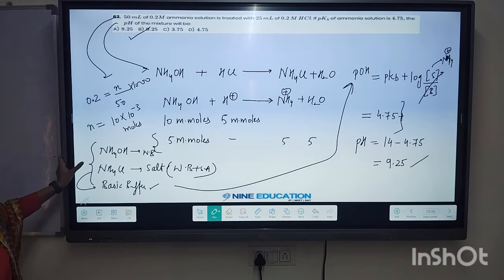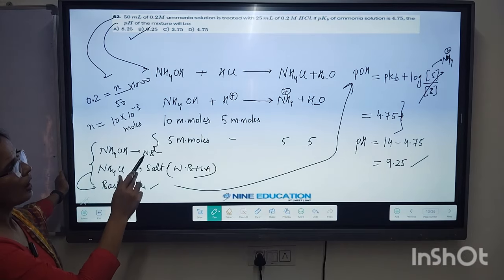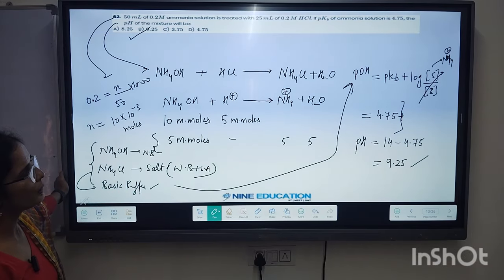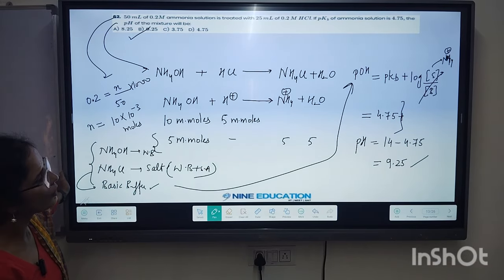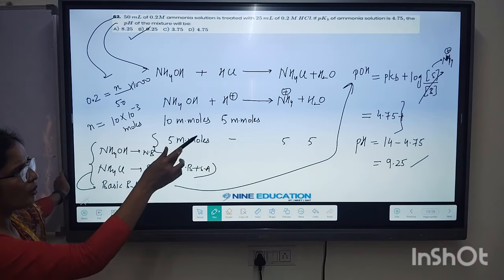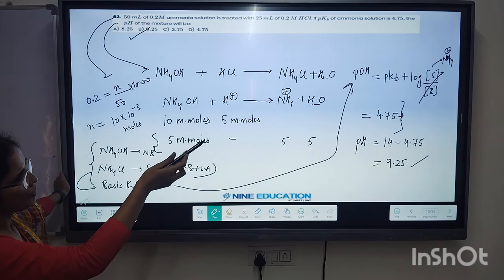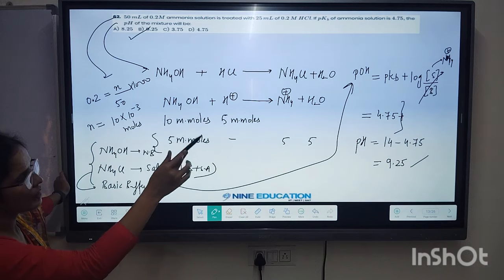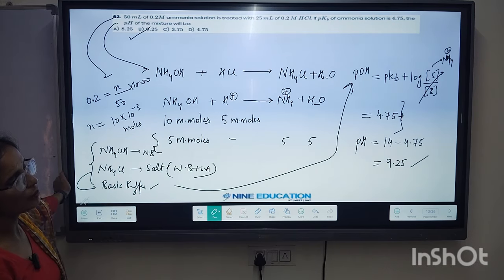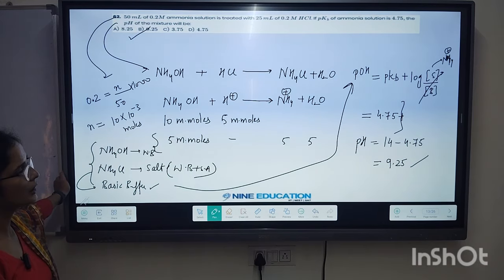And now it's very important to understand the nature of this solution, because it is a basic buffer solution, and for basic buffer you need to know the formula, which is pOH will be giving us what? pKb plus log of S by B, where those concentrations or those moles are equal, so pOH will be simply pKb, and from that pH can also be calculated.